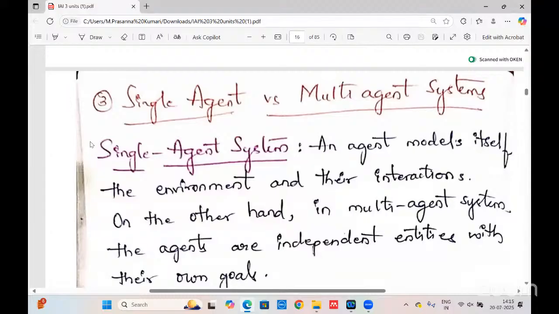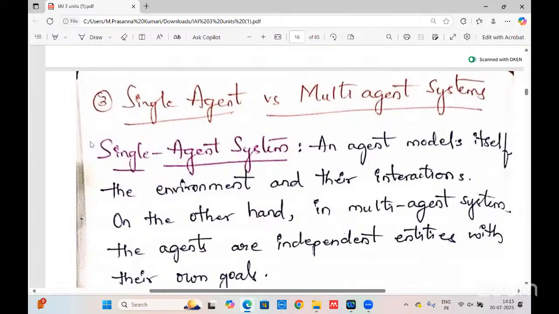Here also same, single agent versus multi-agent means in single agent environment, as the example diagram you have drawn in the morning. Morning oka diagram గీసారు కదా, okay, figure representation of agent in the particular environment. So that is single agent system. There one robot, one agent, one environment. In that environment only single agent works, either it may be a computer, human or bot.